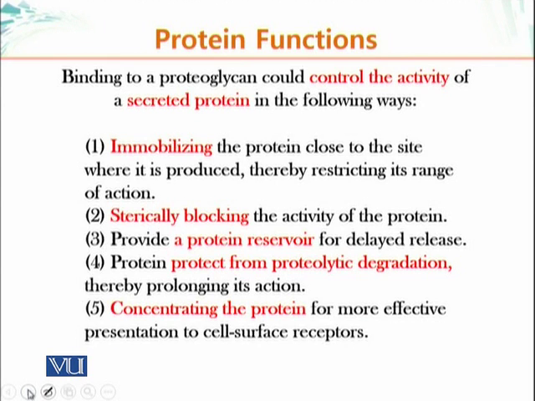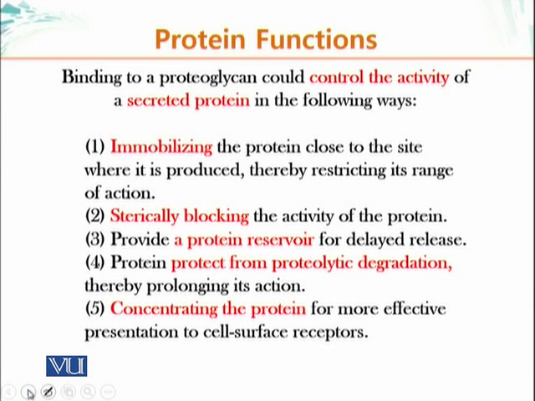Logically, if we have a bunch of proteases sitting next to each other, why won't they just eat themselves up? One of the reasons is that these proteins are glycosylated. Remember, they came through the ER route. So these sugar molecules protect the protein cores from proteolytic degradation, especially in lysosomes.